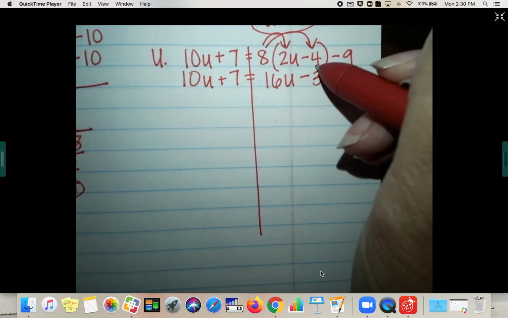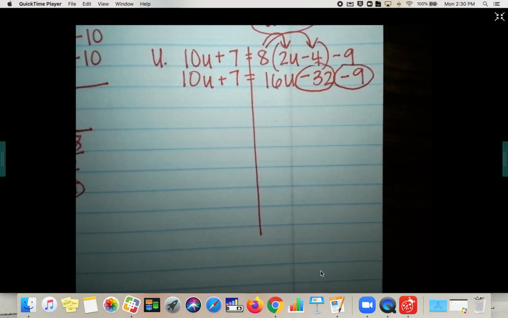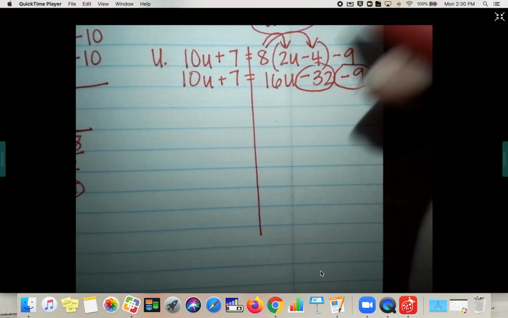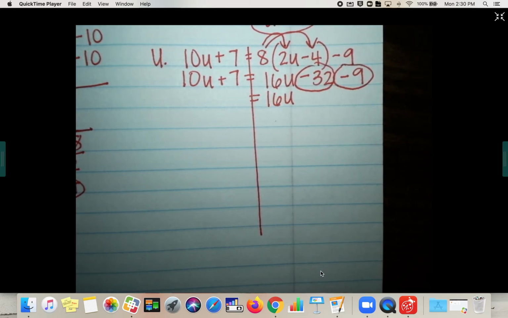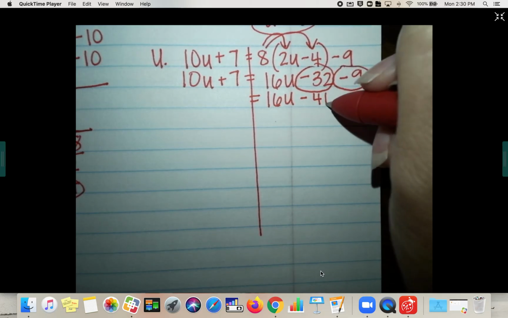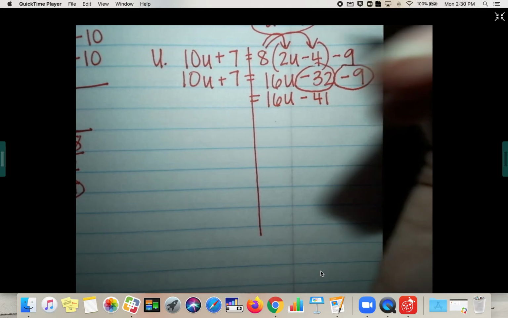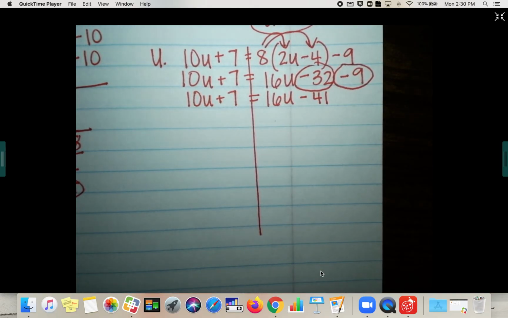I see a negative 32 minus 9. We can combine negative 32 minus 9. It's going to be a greater negative. So we have 16U. Negative 32 minus 9 more is going to be negative 41, I believe. 10U plus 7 is on the other side.